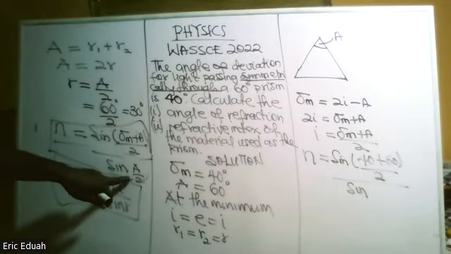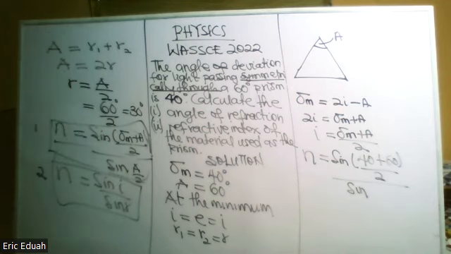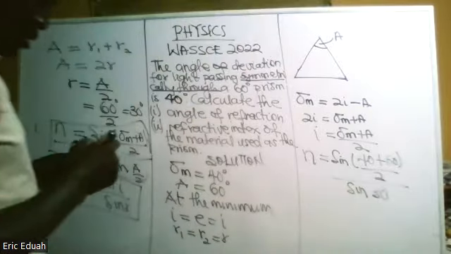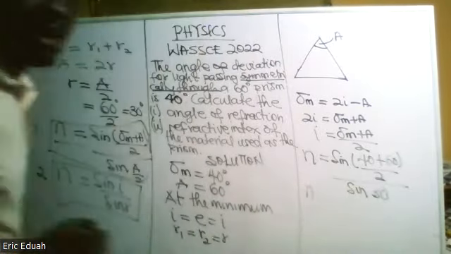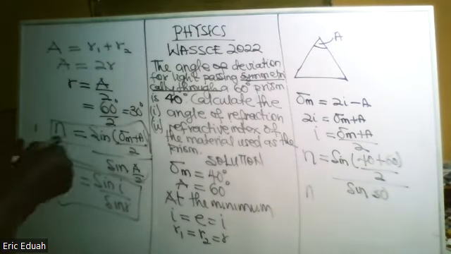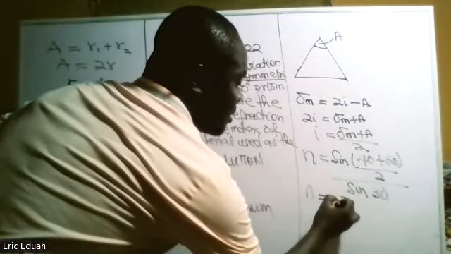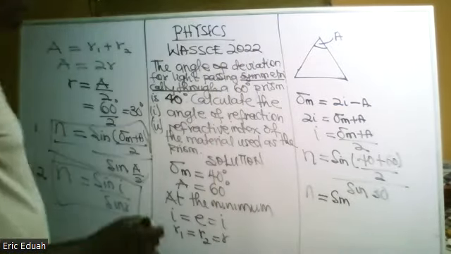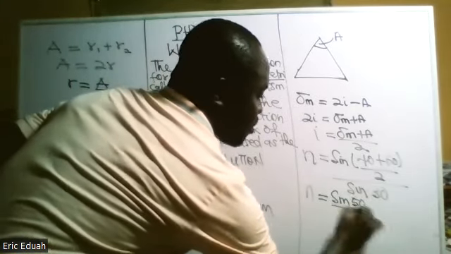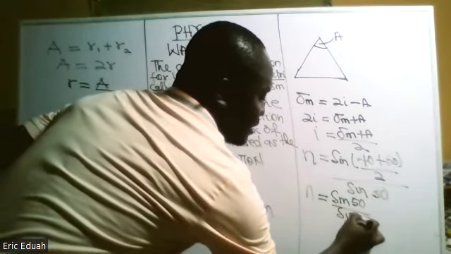A over 2 is R, and R is 30. So the refractive index equals sine of (40 + 60)/2, and 40 plus 60 is 100, so sine 50 over sine of 30.